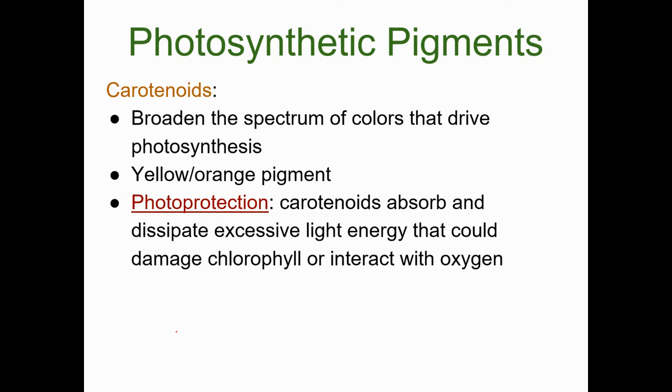So in college, if any of you are interested in studying the sciences beyond high school, you actually learn that oxygen can form what are called reactive oxygen species. These are free radicals essentially, and free radicals are not good.